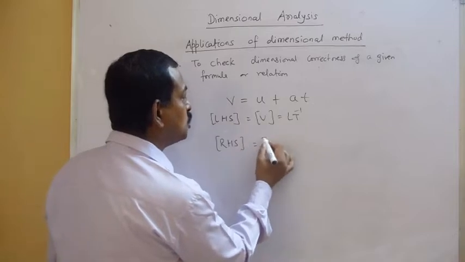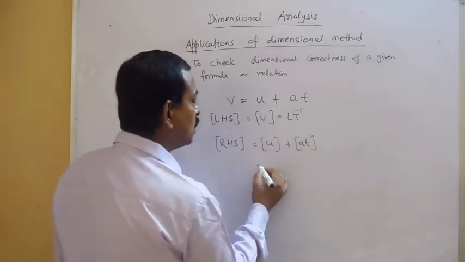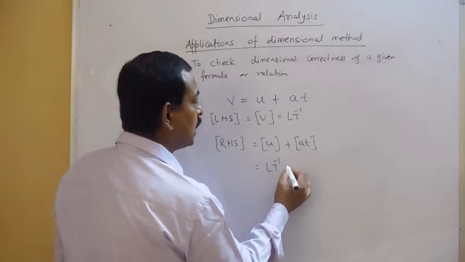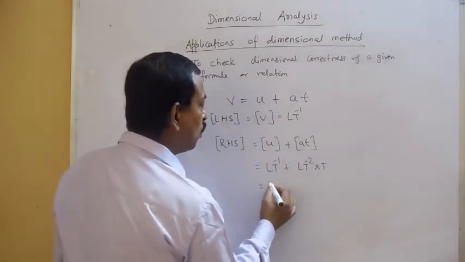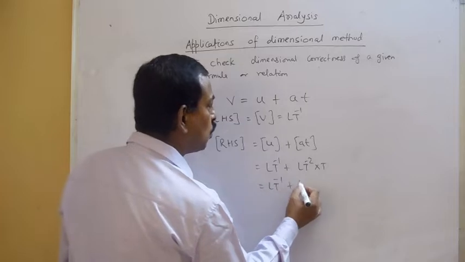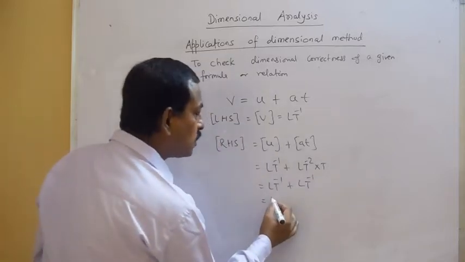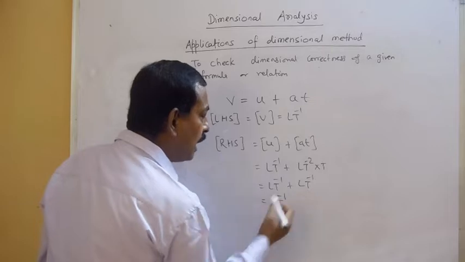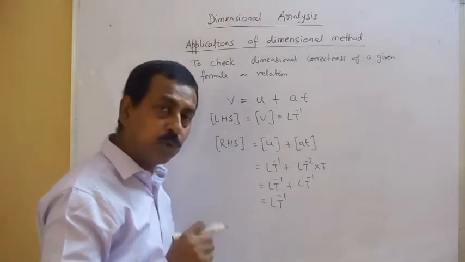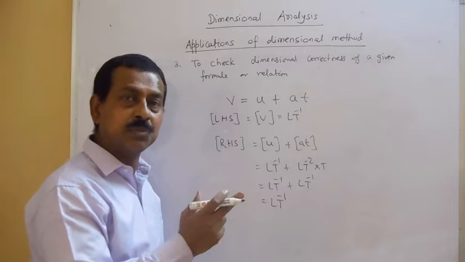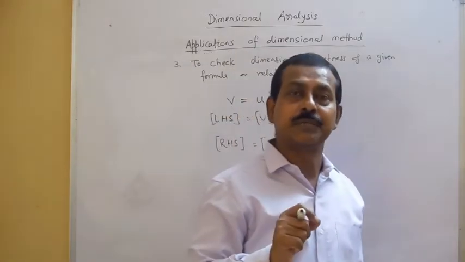This is the dimension of U and At. So this is LT power minus 1, plus LT power minus 2 into T, which is LT power minus 1. The sum of the two will be LT power minus 1 only, not 2 times. Why? Because 2 is a dimensionless quantity. 2 is a number.